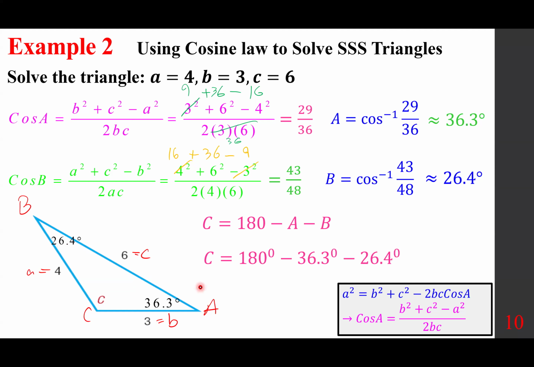So 180 minus this and minus this gives us C, which is 117.3 degrees. It's pretty straightforward. I hope everybody's comfortable with that.